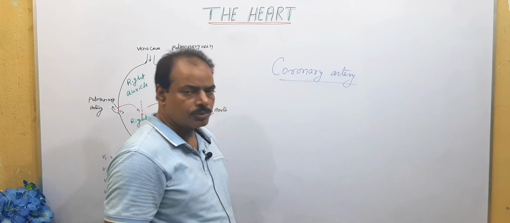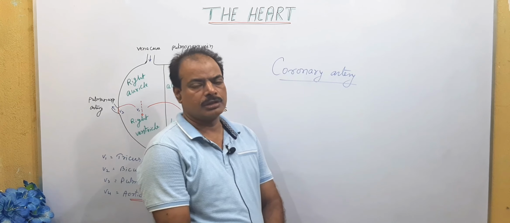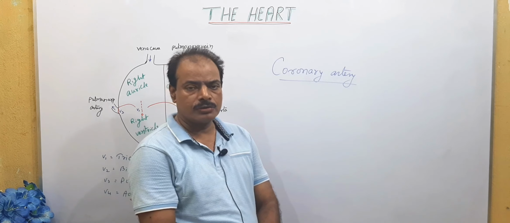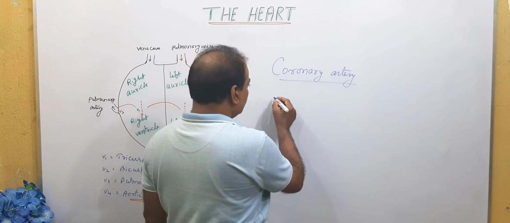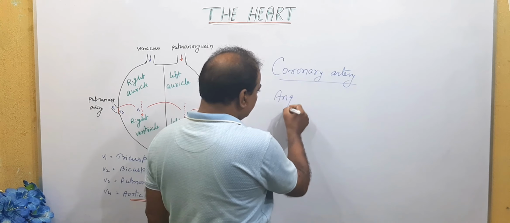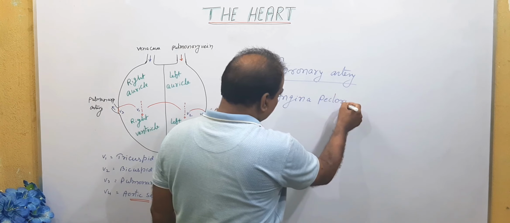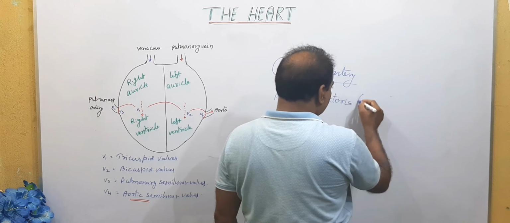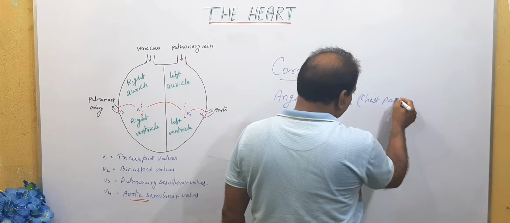Sometimes due to blockage, insufficient amount of oxygen is supplied by the coronary artery to the part of heart. Then angina pectoris or the chest pain takes place.